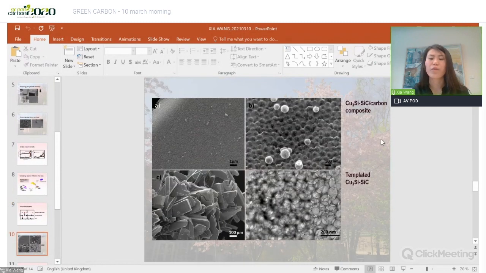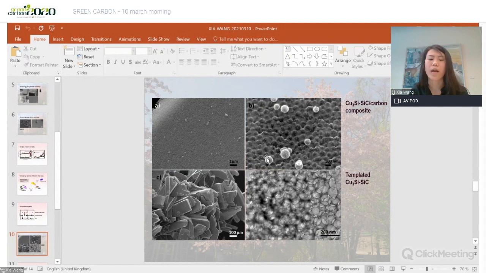And the morphology check of the composite and the final templated alloy showed that both the composite and the final product kept the morphology of the original hydrochar rods. And in this composite, it showed clearly that there is one layer covering these hydrochar rods, hydrochar spheres.